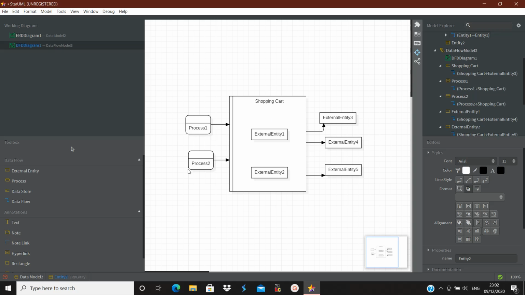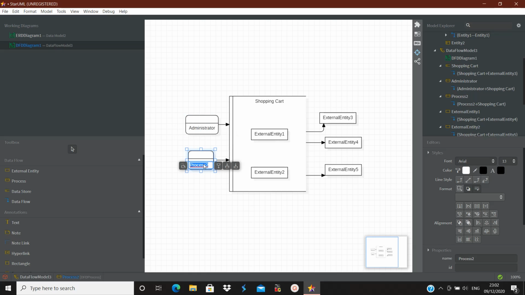First of all we select the boundary for the shopping cart, then we draw the processes. I will name the first process as administrator. Here is the option which is given, so I select this, and by using this it shows the data flow.